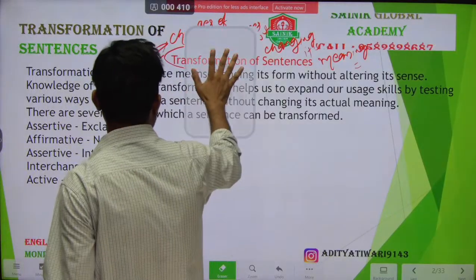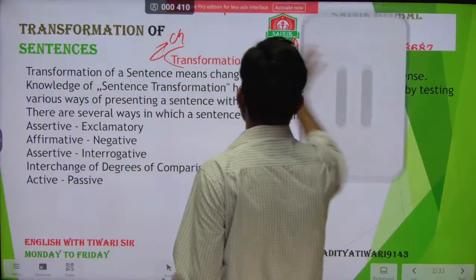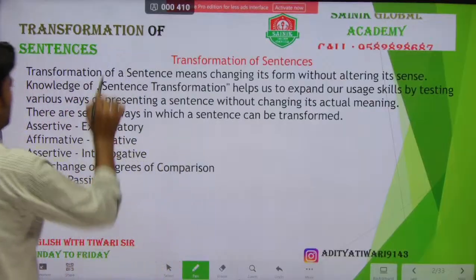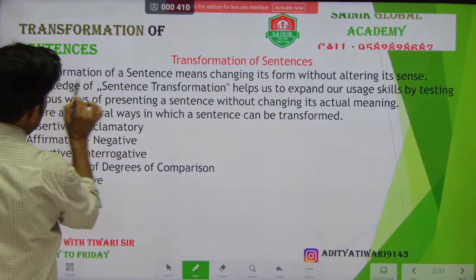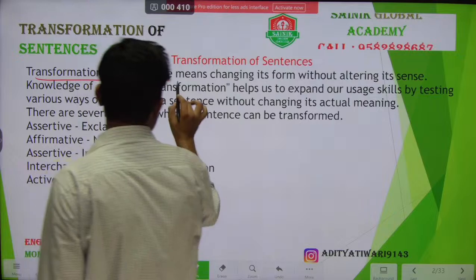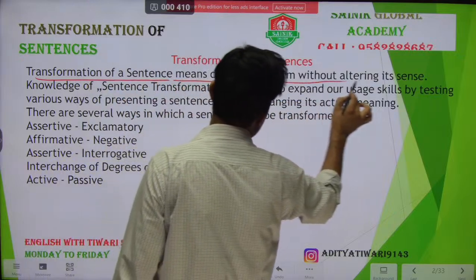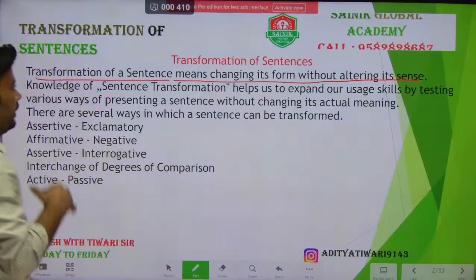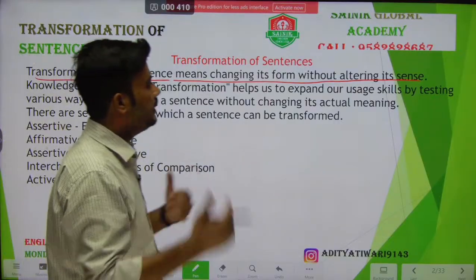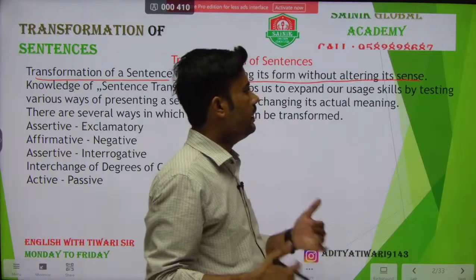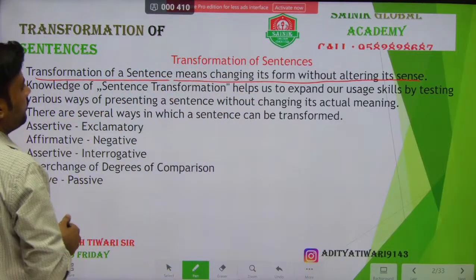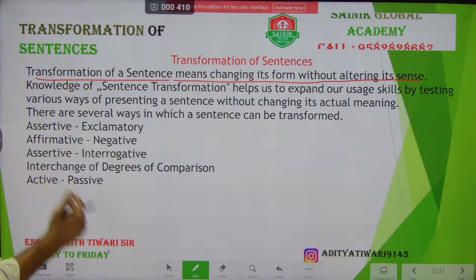So let's see the definition first. What is it saying? The definition says that transformation of a sentence means changing its form without altering its sense. The same thing which I told you now: transformation means changing the sentence without changing its meaning.